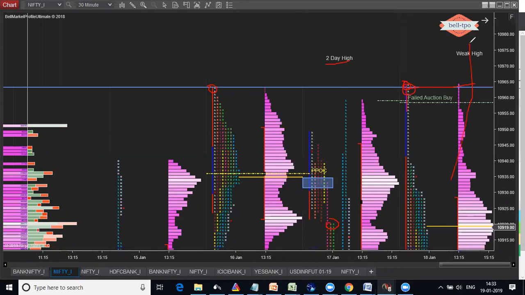Some stops are lying over there, and a good auction will not be this mechanical. This is not a good high because it's weaker. That's why we call it a weaker high, because the price is just one tick above the 2-day high. It is usually a weaker high, so price often fades those levels faster.